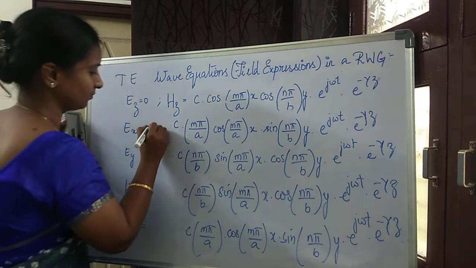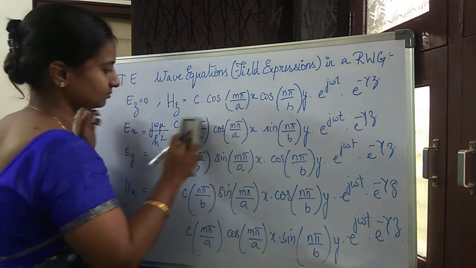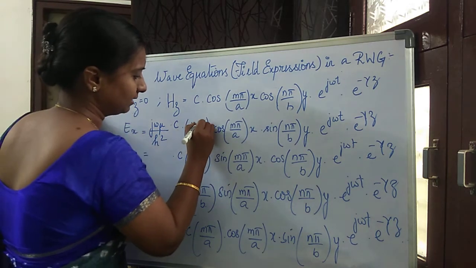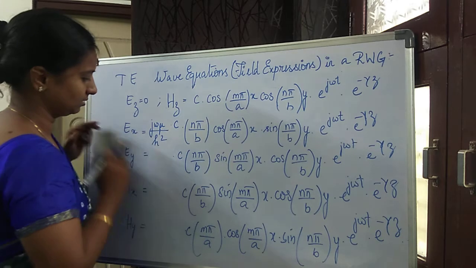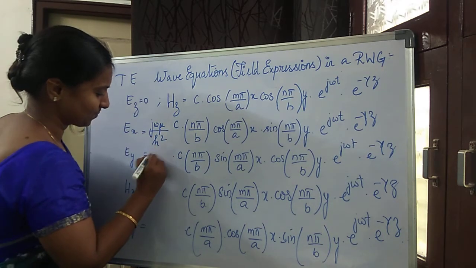So I will be having j omega mu by h square n pi by b. You please check, please derive and check the derivations.